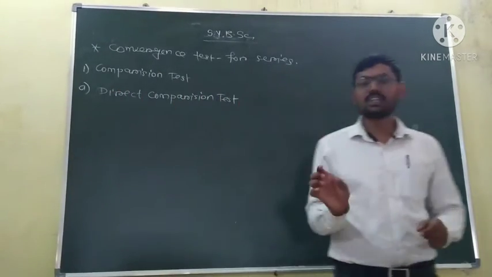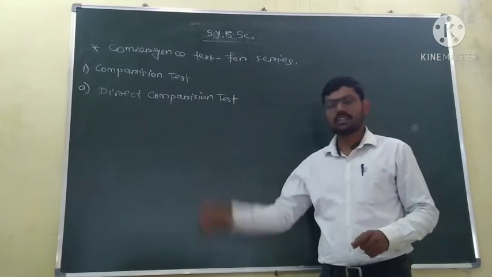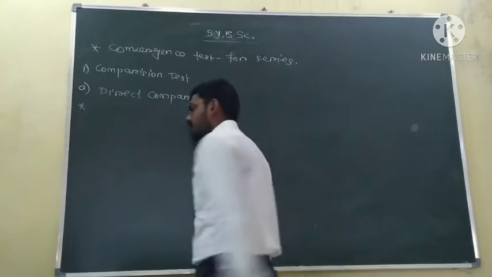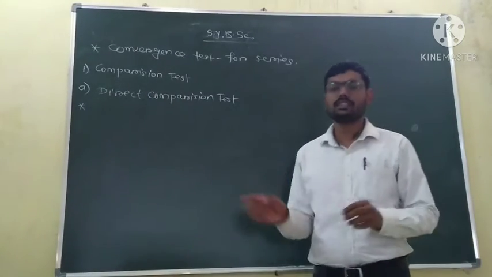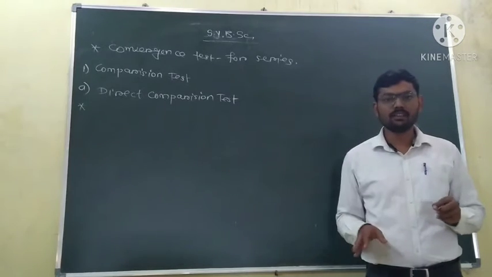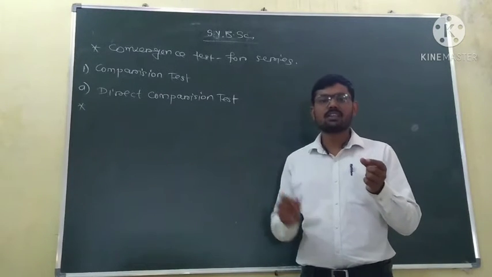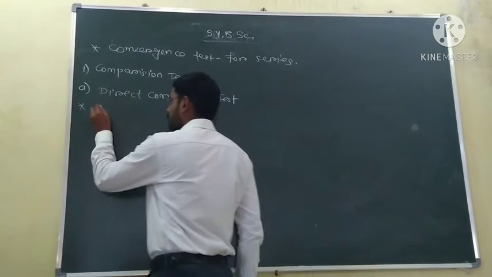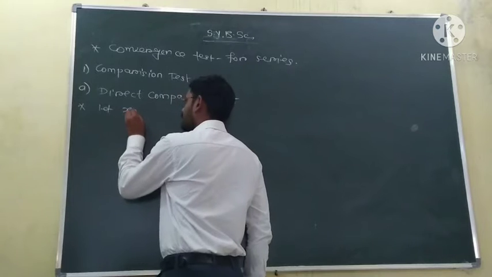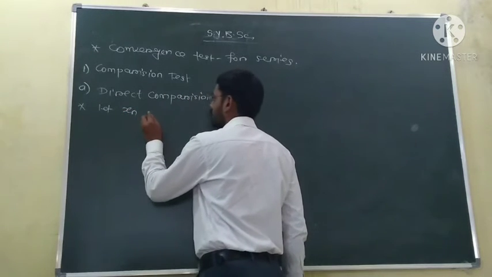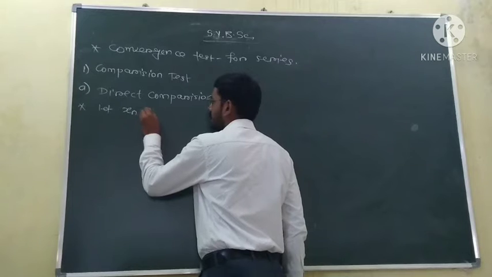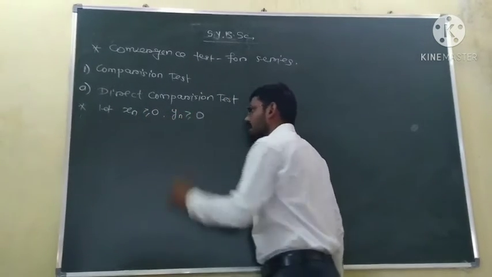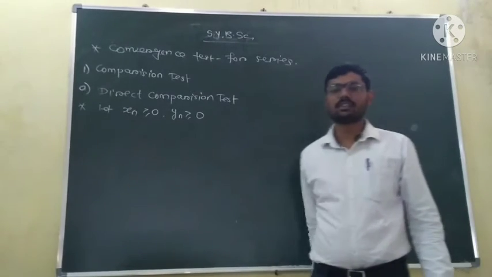First we will see the statement of the direct comparison test. Suppose there are two series, series xn and series yn, where xn is the nth term of one series and yn is the nth term of the other series. So let xn be greater than or equal to 0 and yn greater than or equal to 0. These are the nth terms of two different series.